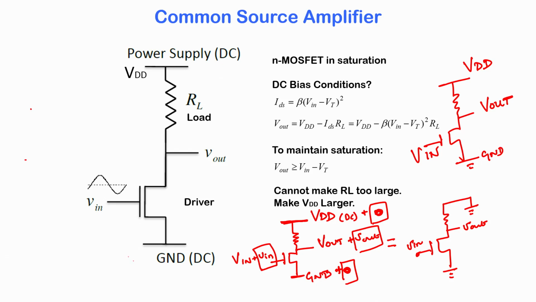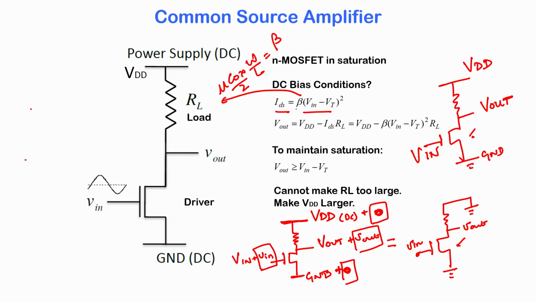And we have now biased this circuit in such a manner that it is in saturation. You want to keep this transistor in saturation. So, what do you mean by saturation? Let us go to the DC circuit. We want the current in the transistor to be beta, where beta is nothing but mu Cox W over L by 2. So, that is called beta.